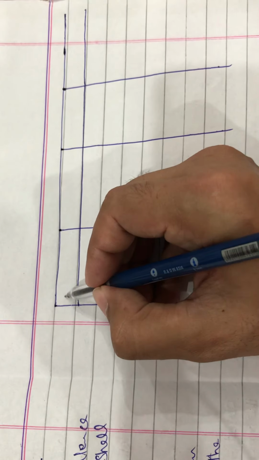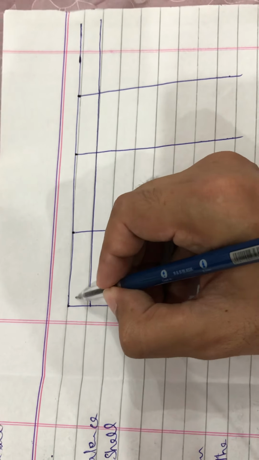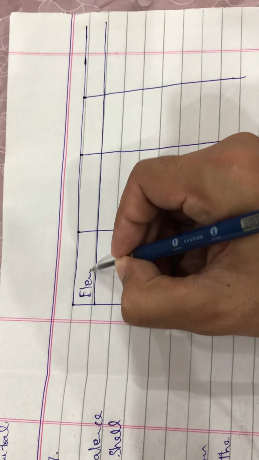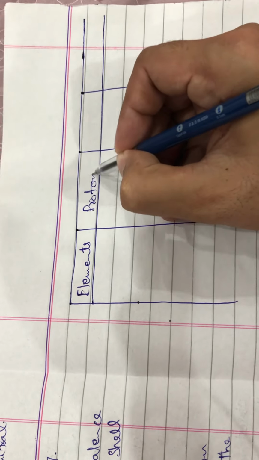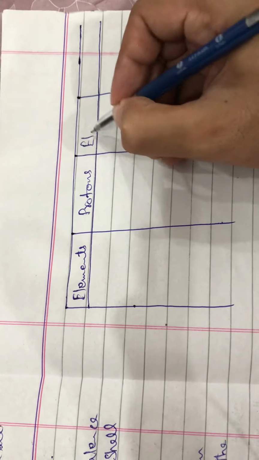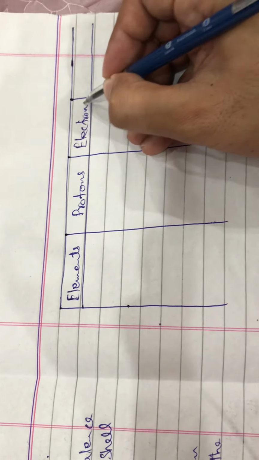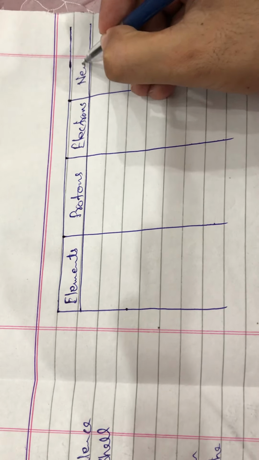We can write the elements, and the protons, electrons and neutrons in them.